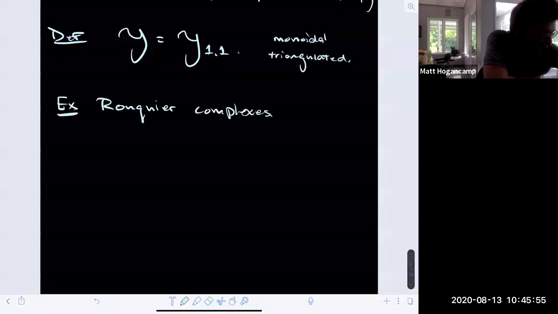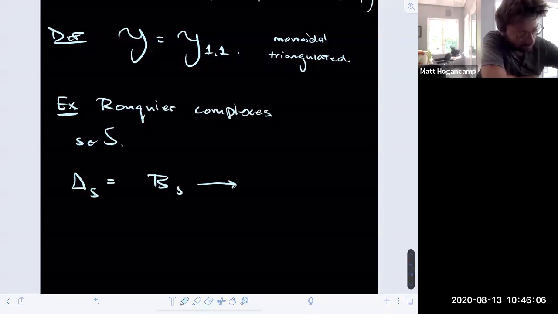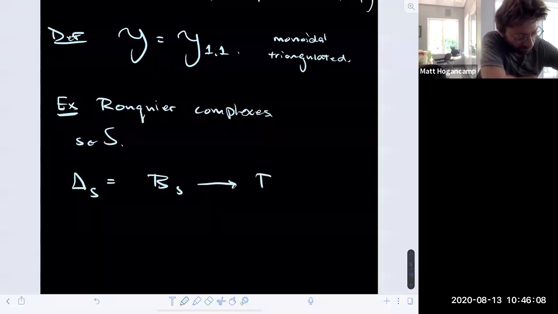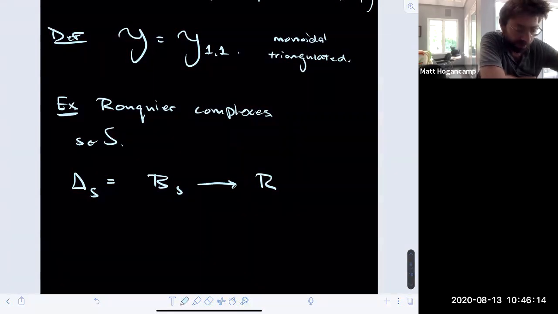Okay, so if S is a simple reflection, we have the complex delta S, which I'll write in this way. So we have BS maps into the identity bimodule. And I'm going to be ignoring grading shifts for the most part today.